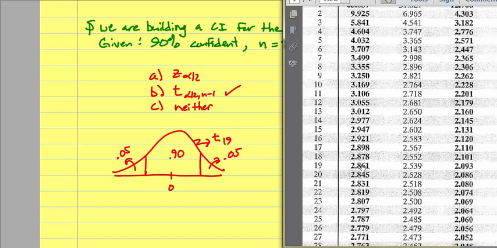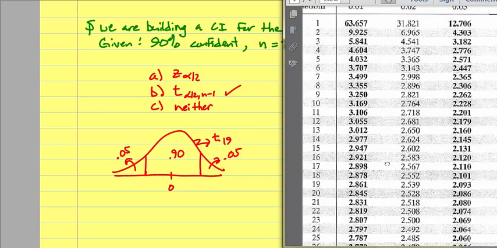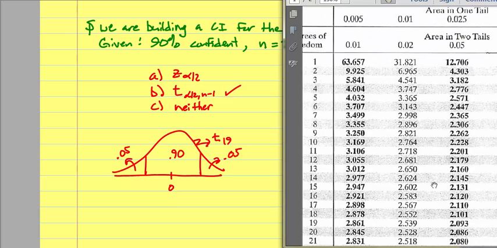I can see it right here, so I'm reading through this line. Now the area on the left is 0.05. So if we want to look at this as a single tail, I'd talk about 0.05. But if I want to talk about the total area split between the tails, that would be 0.10. Okay, so as I go across here, this says area in 2 tails is 0.05. That's not right.